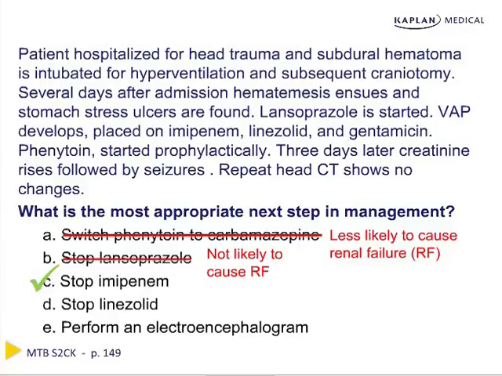Stopping lansoprazole is also not likely to help renal failure. Linezolid has no renal toxicity, and an EEG will add nothing in this situation. We know the patient is having seizures. The key point here is that imipenem makes it easier for patients to have seizures.